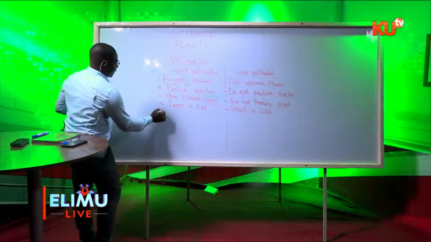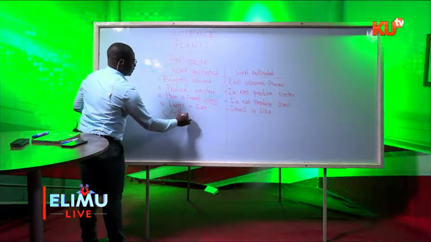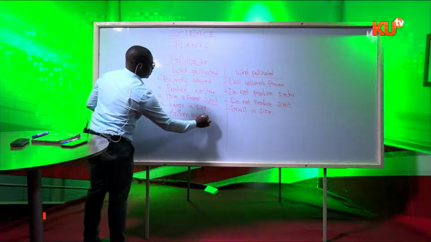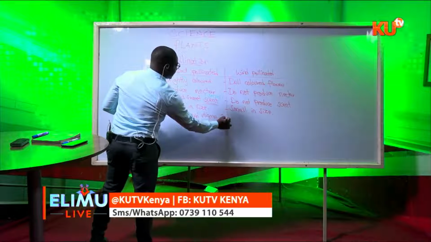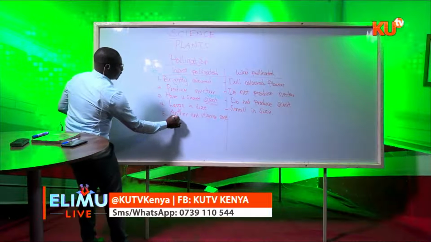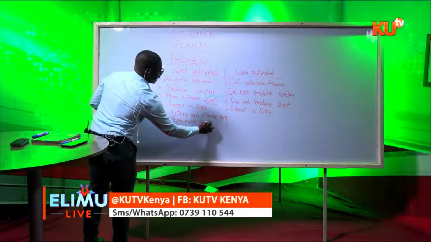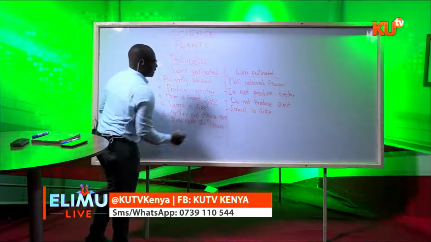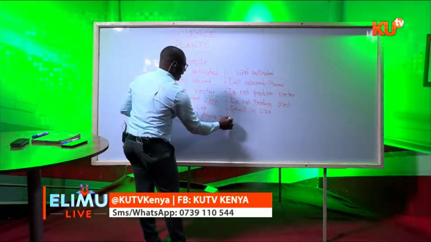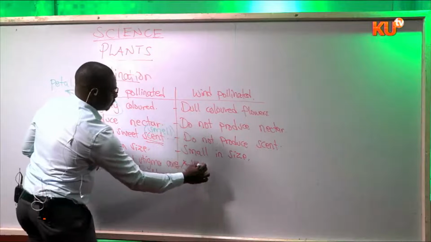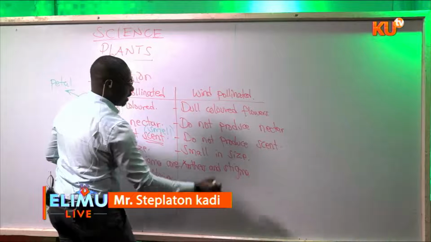Number 5, the anthers and stigma. In insect-pollinated flowers, the anthers and stigma are found inside the flower. In wind-pollinated flowers, the anthers and stigma hang outside.